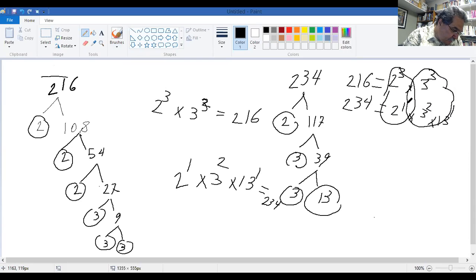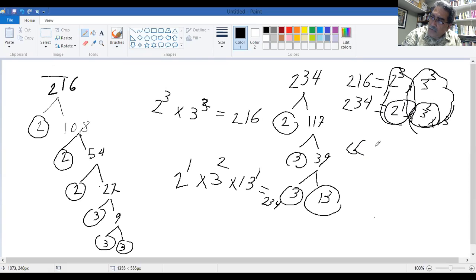So the greatest common divisor would be 2 to the power of 1 times 3 to the power of 2. You pick the one with the least exponent here: 2 to the power of 1 and 3 to the power of 2. So the GCD is this.